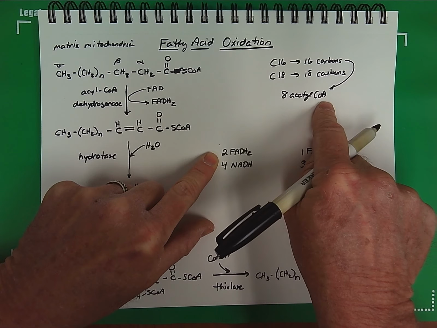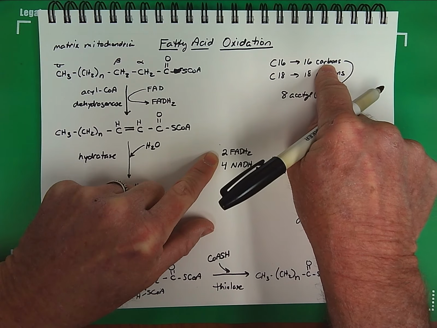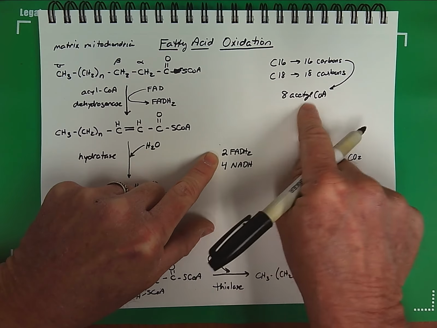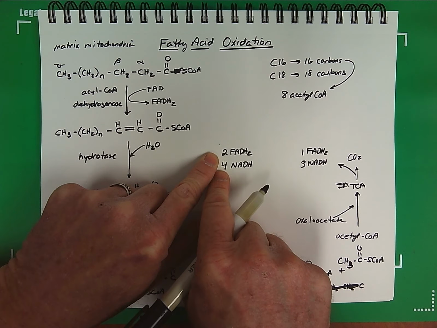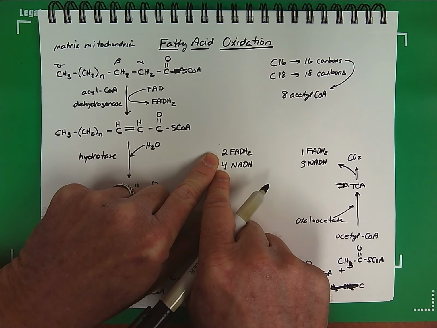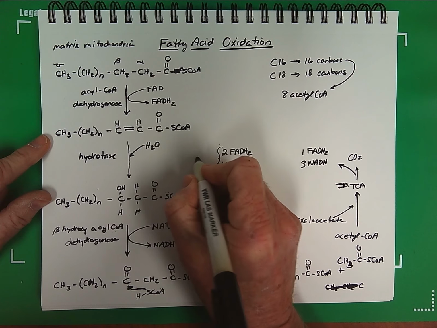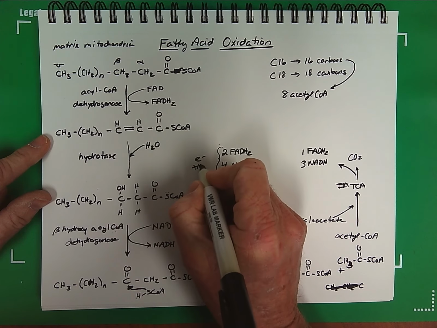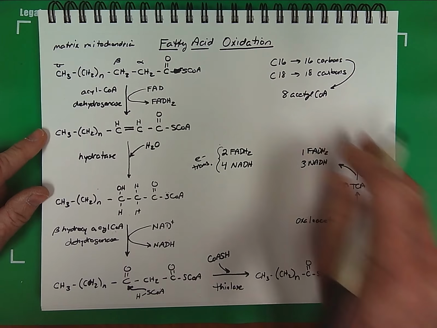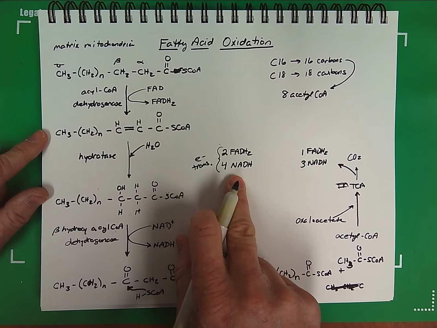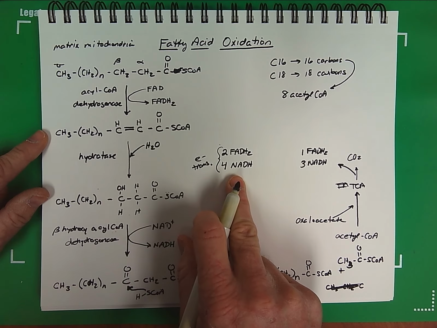If there's 8 acetyl-CoAs in one molecule of fatty acid, now we can generate 8 times 6, 48 reducing equivalents to put into the electron transport chain. So one molecule of fat generates an enormous amount of ATP.